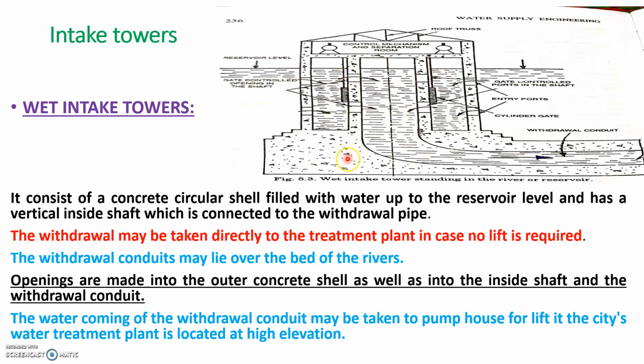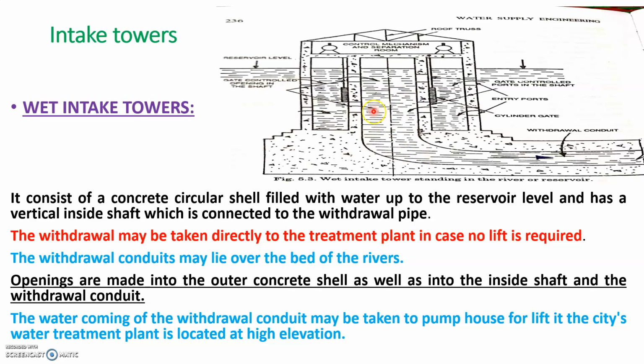Generally this intake structure is a shell of concrete, or reinforced steel. It is constructed up to the reservoir level. It has a vertical shaft where the water conduit is drawn, and it is connected directly to the conduit pipes.